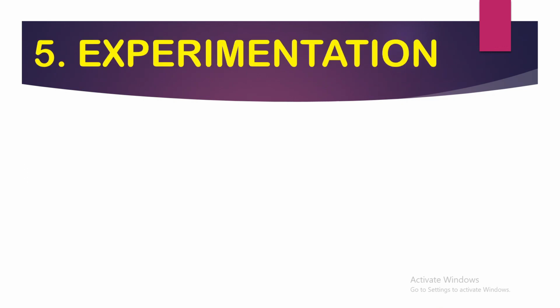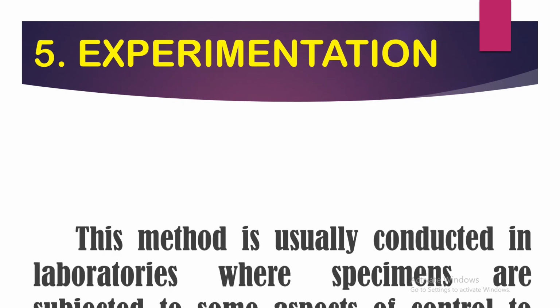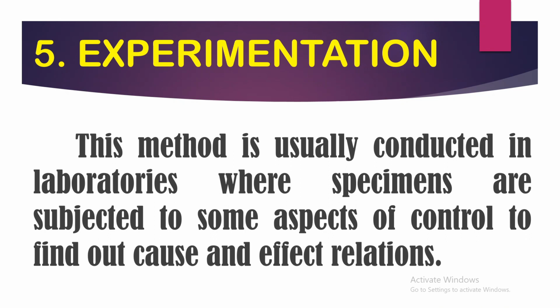The last method of collecting data is through experimentation. This method is usually conducted in laboratories where specimens are subjected to some aspects of control to find out cause and effect relations. So, we use this experimentation to gather data, especially when we need to study something in a laboratory.